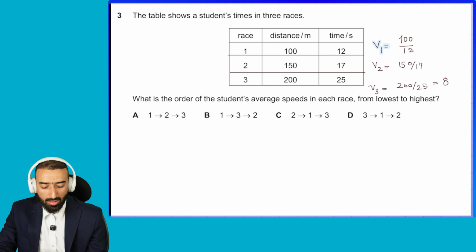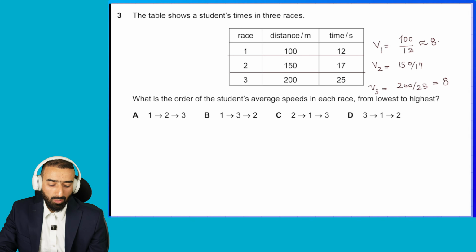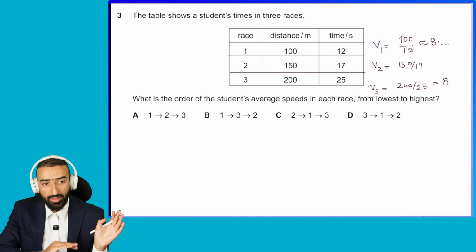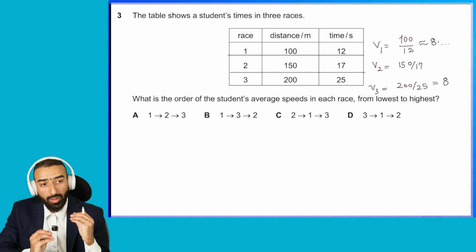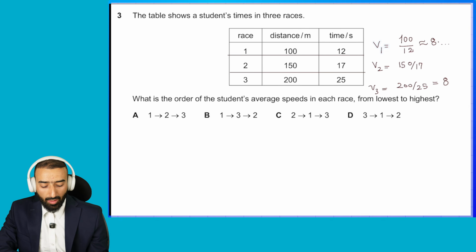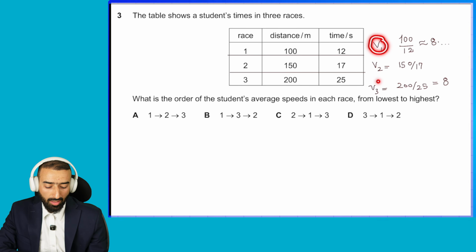I can also make a quick estimate of 100 divided by 12. This is almost 8 point something. I don't know the other digits, but it is greater than 8. Now if we look at the options, we must see that V1 is a faster speed than V3.